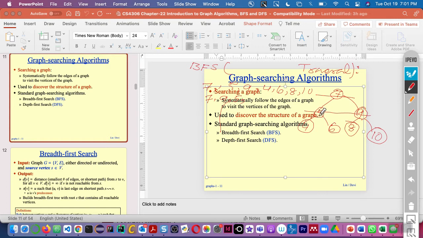Then the next level, 4, 6, 8, and 10, and you can also have other variations for this part. You can start with 6, 6, 4, 8, 10, or 8, 6, 4, 10, or 10, 8, 6, 4. There are various orders here, if order is a factor.